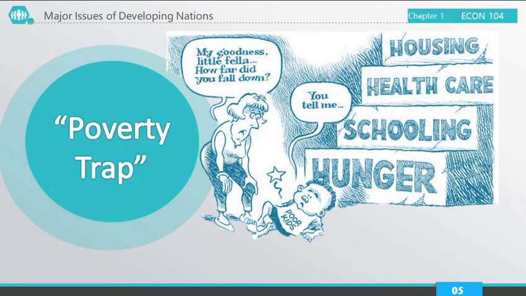Thus, countries with a small population may have trouble developing and gaining access to market kasi nga konti lang sila. While landlocked countries may struggle to engage with the global market and expand their economies.